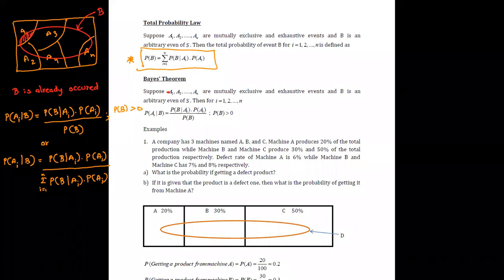The next important thing under this section is that, first of all, you need to identify which are the priorly happened events and which are the later happened events. And you need to identify which are the mutually exclusive and exhaustive events. You have to have an idea of those things prior to going for a calculation based on the total probability law and Bayes theorem.